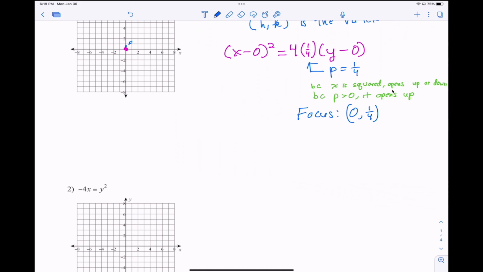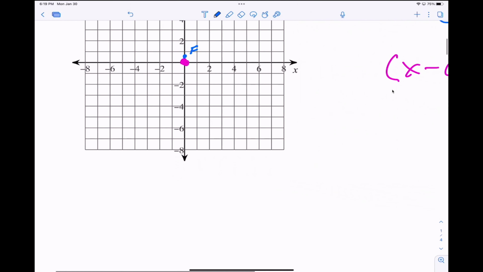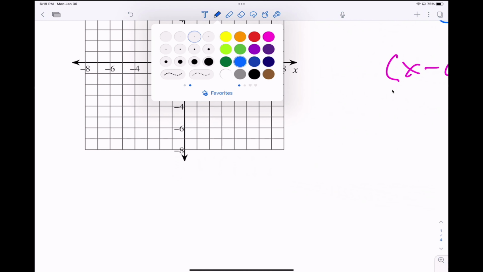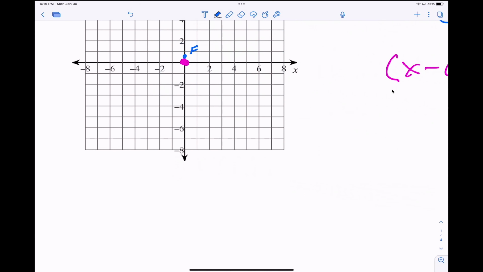Okay? Now, there's a line called the directrix, and the directrix is always perpendicular to the axis of symmetry of the parabola, which is a fancy way of saying it is perpendicular to, either up or down. So at 1/4 of a unit below the x-axis, we have the directrix.